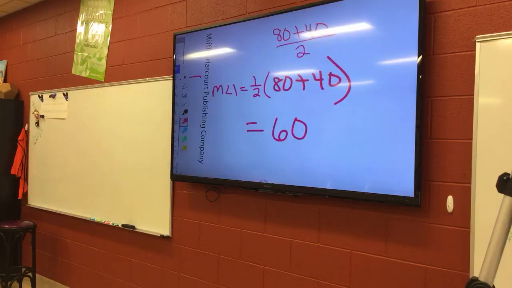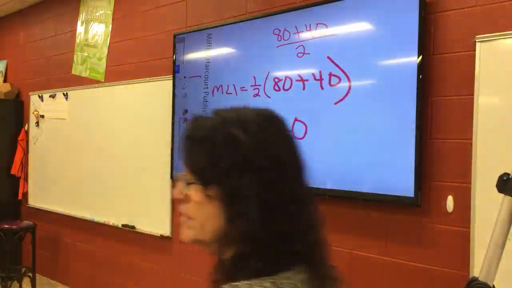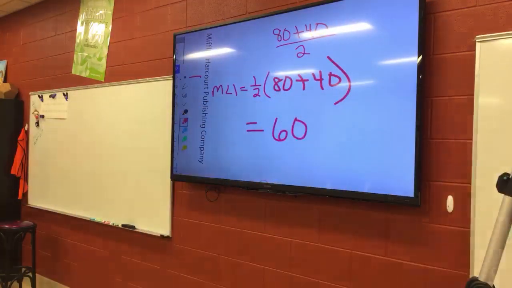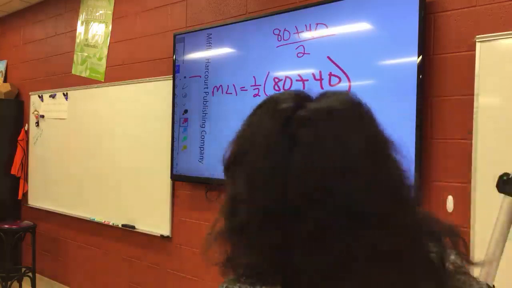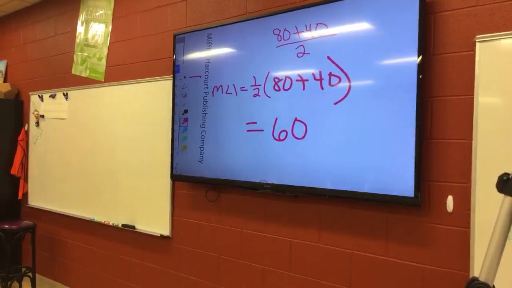Is that how you find the midpoint? Okay, average. Exactly, yes. That's the average, right? So when that angle is just somewhere in the circle, it's the average, the middle of the two arcs that it intersects, okay?